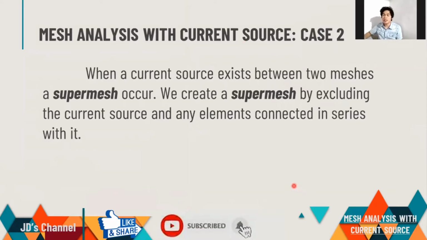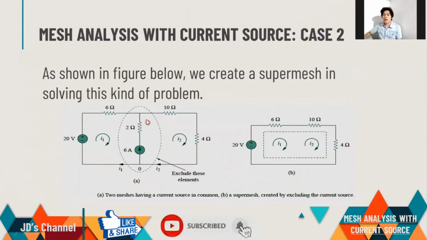It exists when a current source exists between two meshes. We create a super mesh by excluding the current source and any element connected in series with it. For illustration, as shown in the figure below, we create a super mesh in solving this kind of problem. Initially, ito yung kanyang circuit.